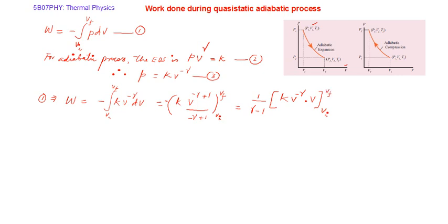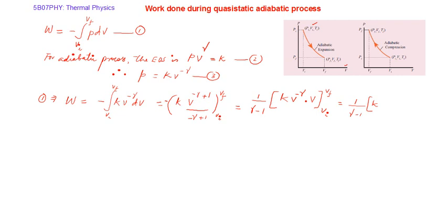Now what is the advantage of making this modification? You will see that I'm getting k into v raised to minus gamma. So is it not of equation number 3 form? Yes. So if I substitute the upper and lower limits, it's further equal to 1 divided by gamma minus 1 times, let me open the bracket, I'm substituting for the limits.